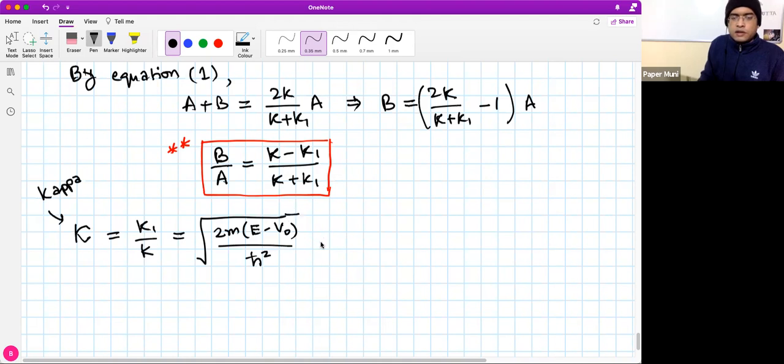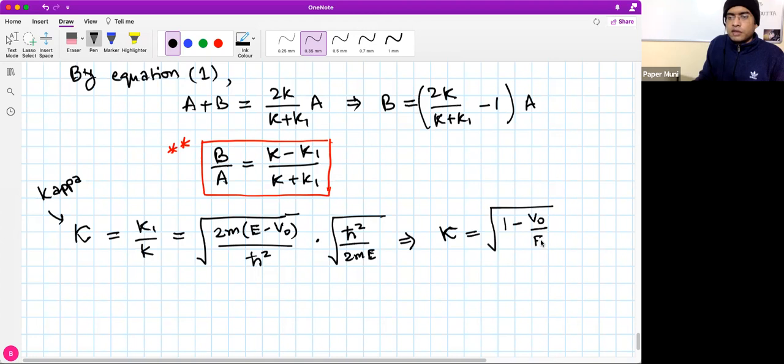If we divide, we have the other one, this is the k1. Now on this side we have k. It's like inverted. So if we solve this, you'll get kappa is equal to root over 1 minus V naught by E.